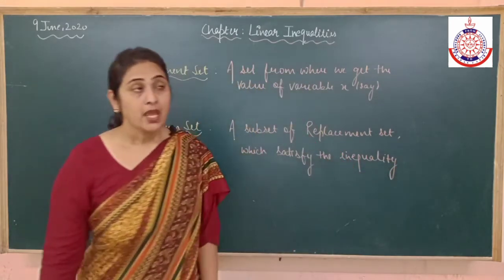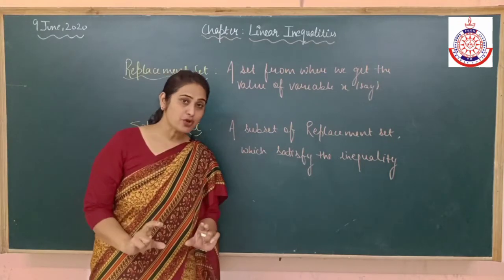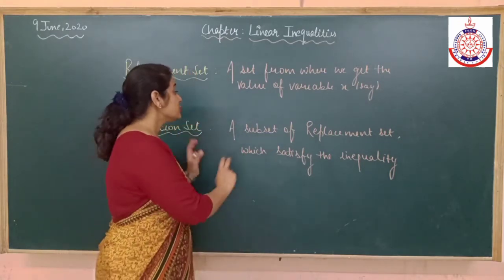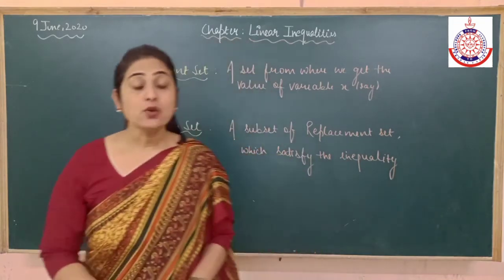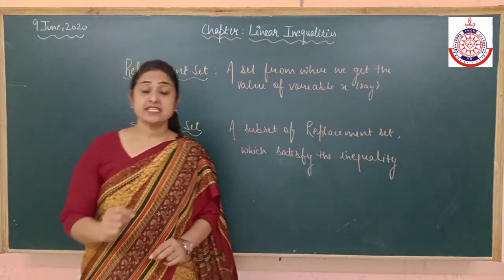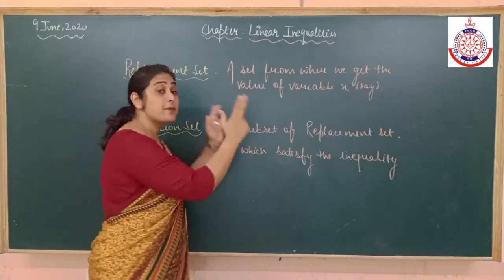Is it clear? The replacement set is a bigger set from where we are going to get the values of x, and the solution set is exactly what values of x we get. The solution set is a subset of the replacement set.